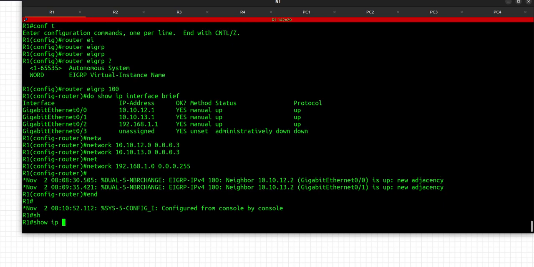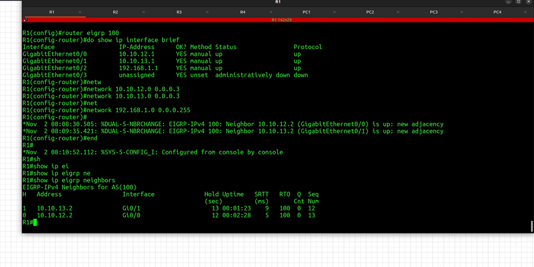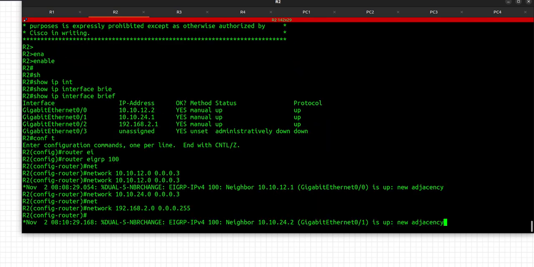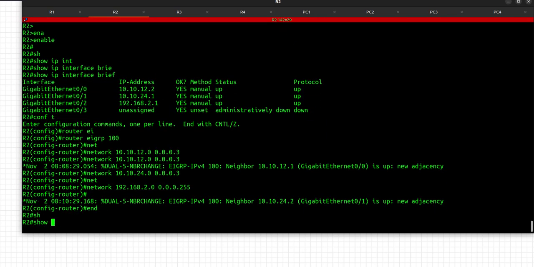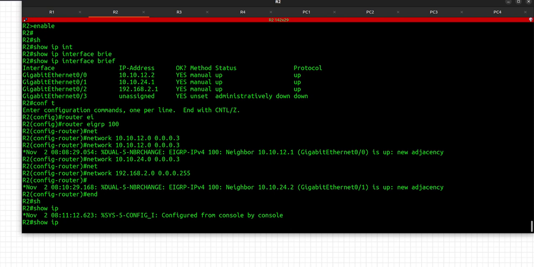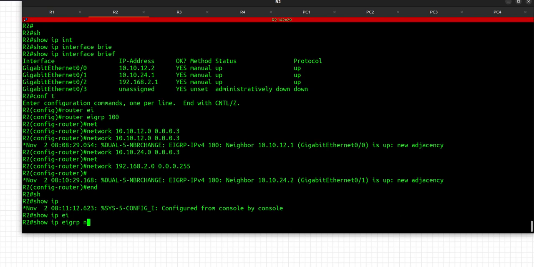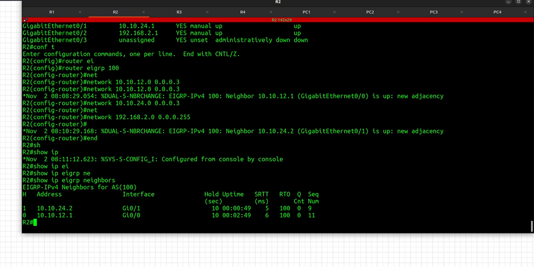Okay, now to verify that we have neighborship, we can use the command show ip eigrp neighbor. From here we can see that router 1 has neighborship with router 2 and with router 3. The same we can verify on router 2 with show ip eigrp neighbor: router 2 has neighborship with router 4 and router 1.